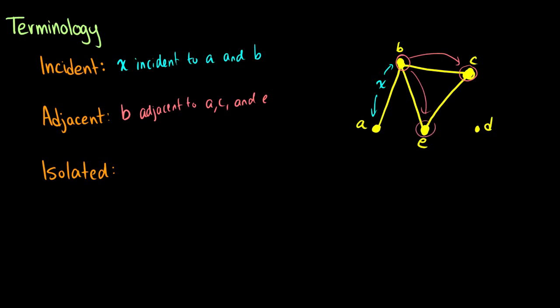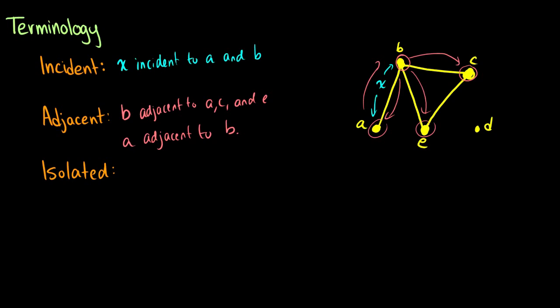So here we have an edge connecting B to C, an edge connecting B to E, and an edge connecting B to A. So what about A? What is A adjacent to? A is adjacent to only B because it's only connected to B. It is not adjacent to E because there is no edge connecting A and E.